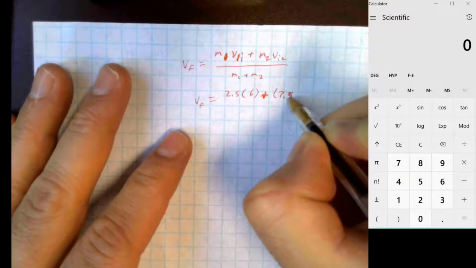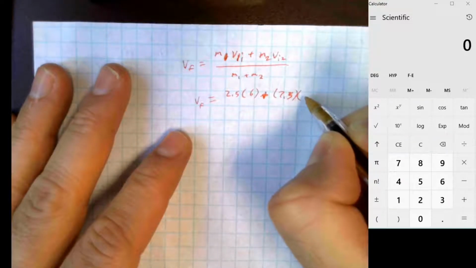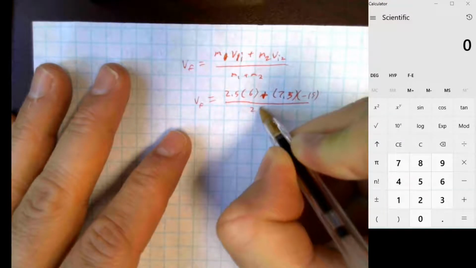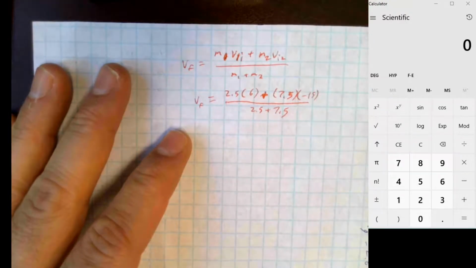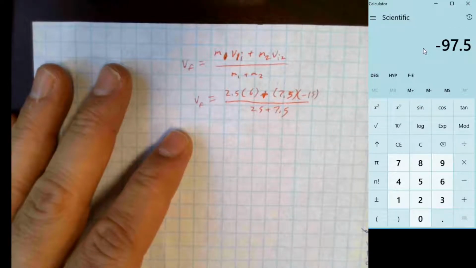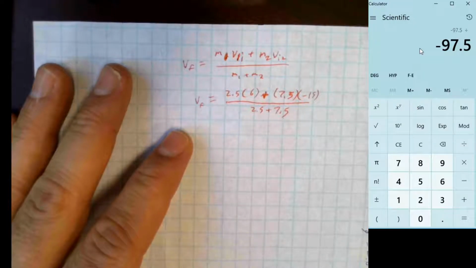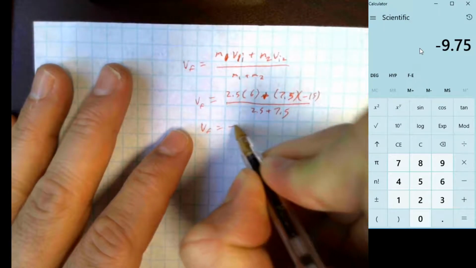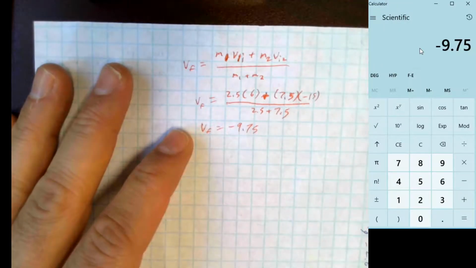M2 is 7.5, and VI2 is negative 15, and that's over 2.5 plus 7.5. So quickly calculating this, we get 2.5 times 6 minus 7.5 times 15. This value divided by essentially 10, because 2.5 plus 7.5 is 10. We end up with a VF of negative 9.75.